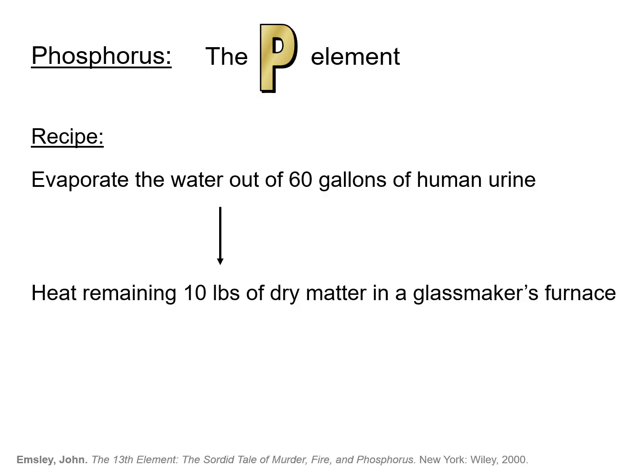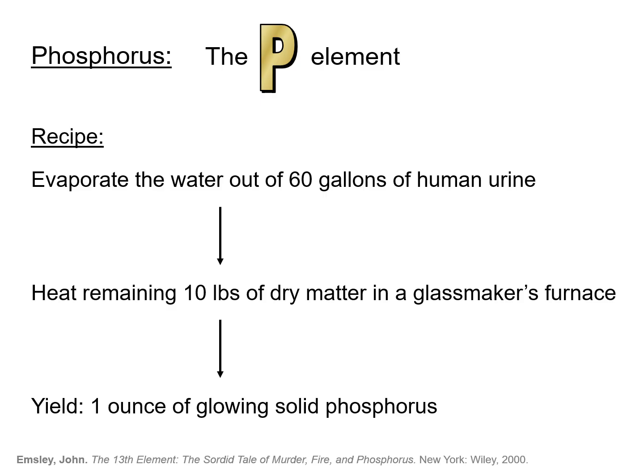The key thing about a glassmaker's furnace is it can exclude oxygen, so you're not allowing any reactions to occur. We're just getting rid of all of the organic stuff that's in there. And you are left with 1 ounce of glowing solid phosphorus. So yes, phosphorus really is the P element. A little joke.